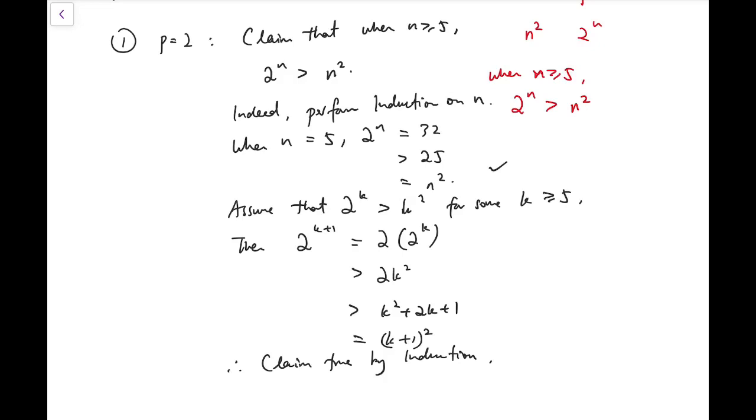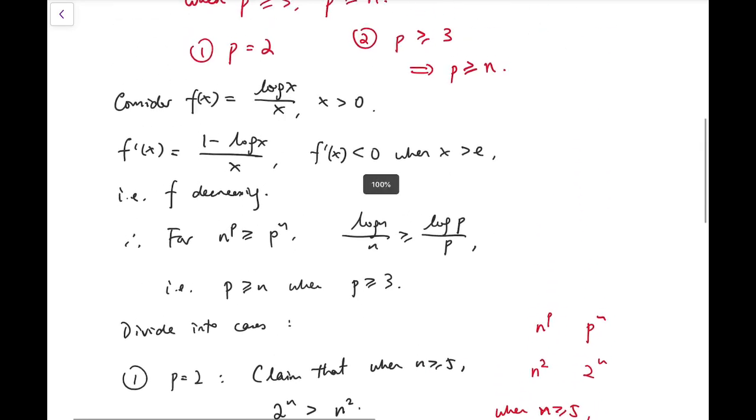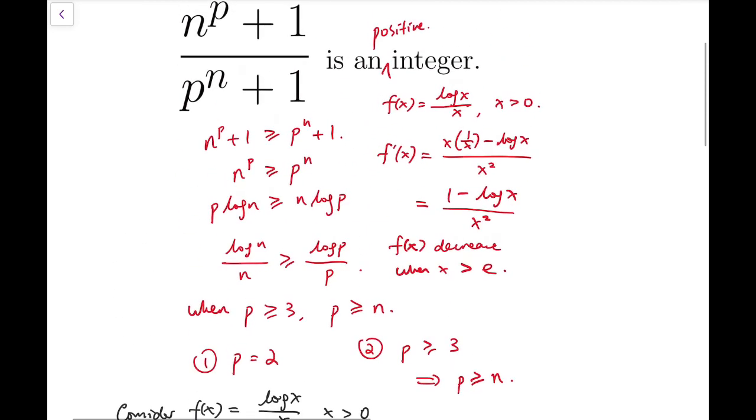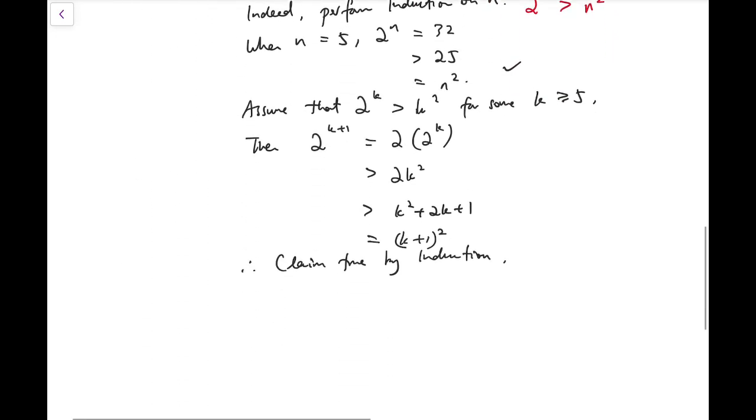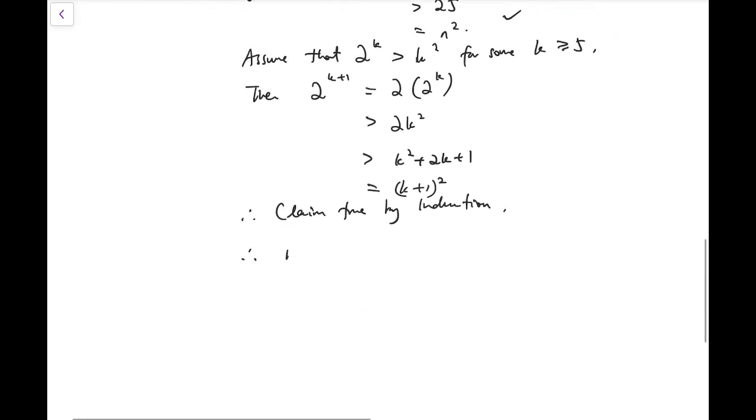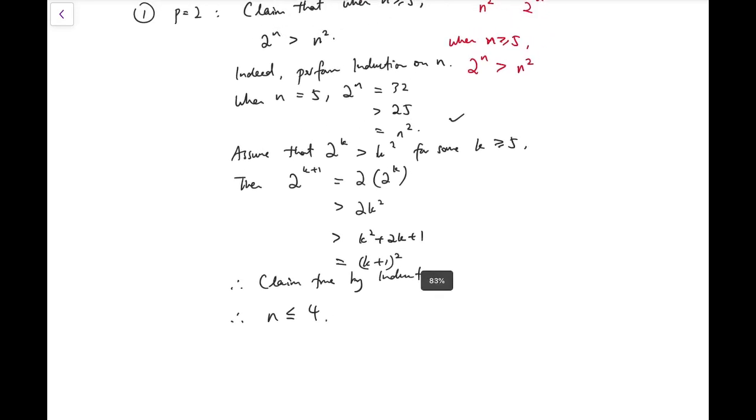So we know that there's going to be no solution when n is greater than or equal to 5, because what we want is n squared to be greater than or equal to 2 to the n. So we know that, therefore, n must be at most 4. Now, we've limited the number of possible cases from infinitely many to finitely many, and we can test them one by one.